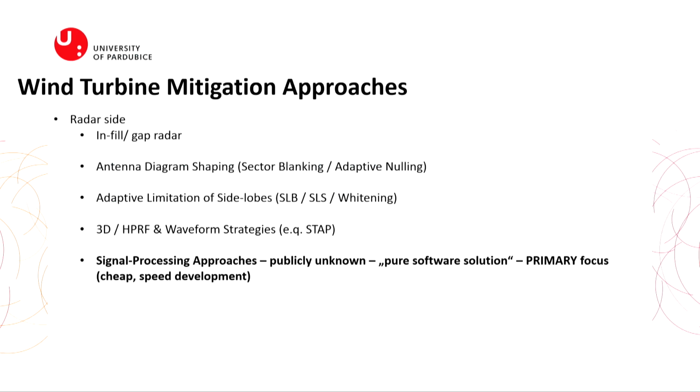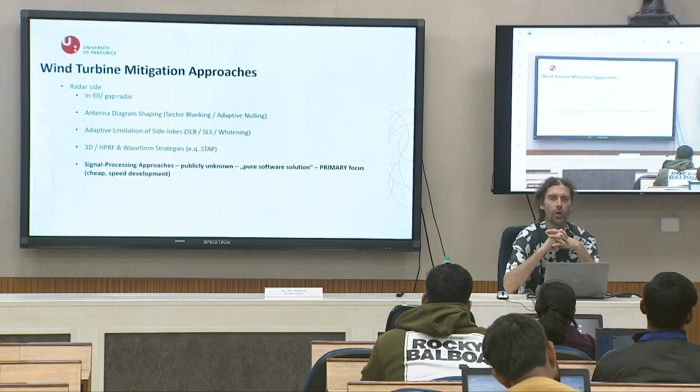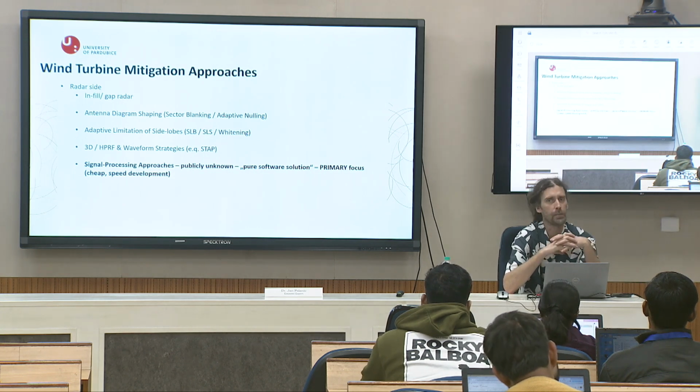The last one, which we will focus on, is signal processing approaches. That is relatively publicly unknown, because when I presented the state of the art from the industrial companies, there were always only notes saying we can suppress wind turbine reflections, but the principle is unknown.